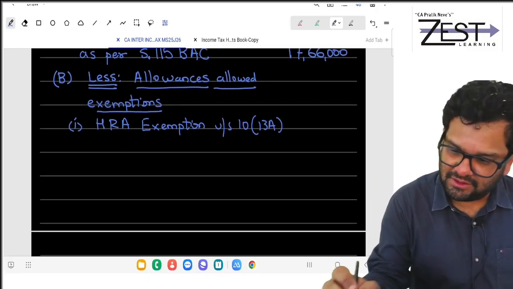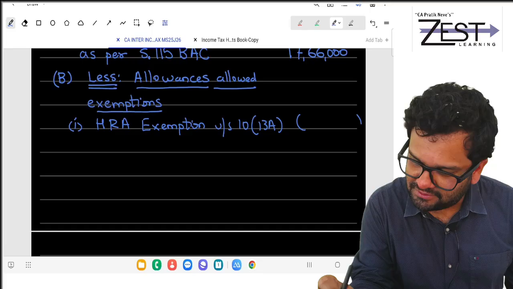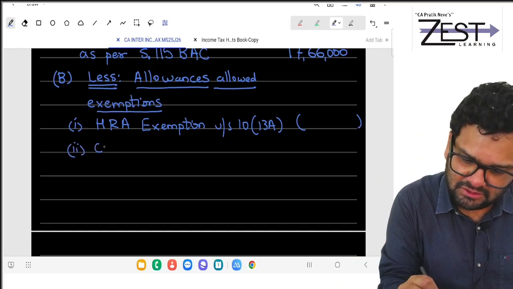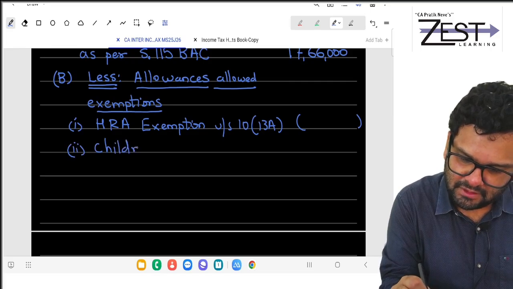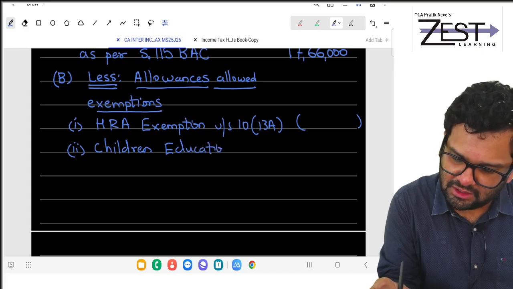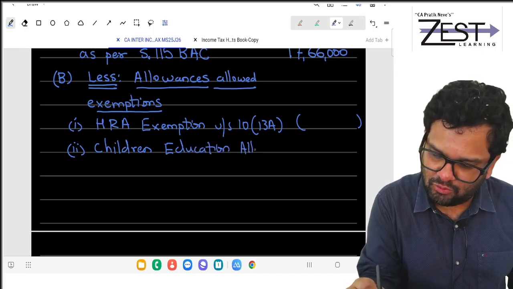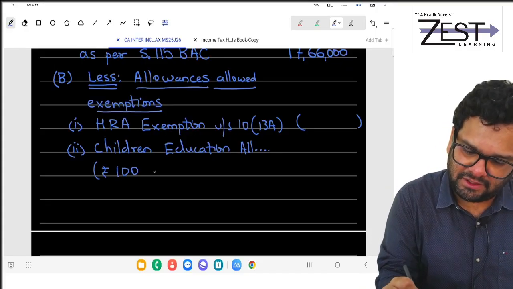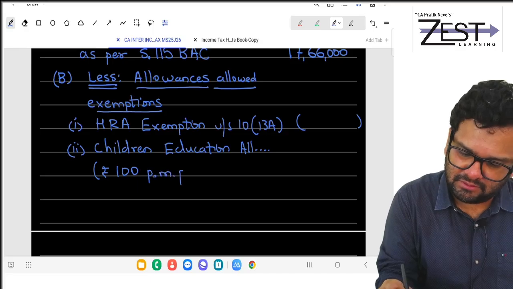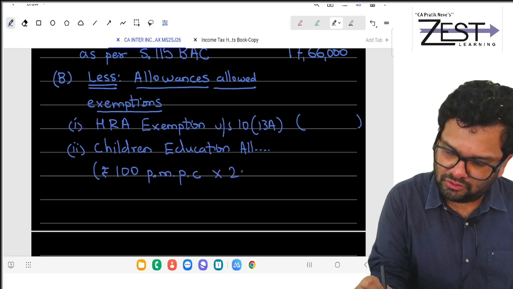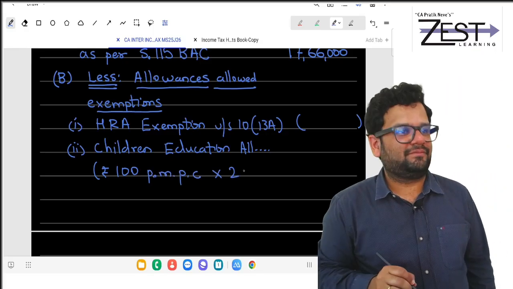Second, what will you minus? Exemption for children education allowance. How much is that? Isn't that 100 rupees per month per child, to the extent of two children?